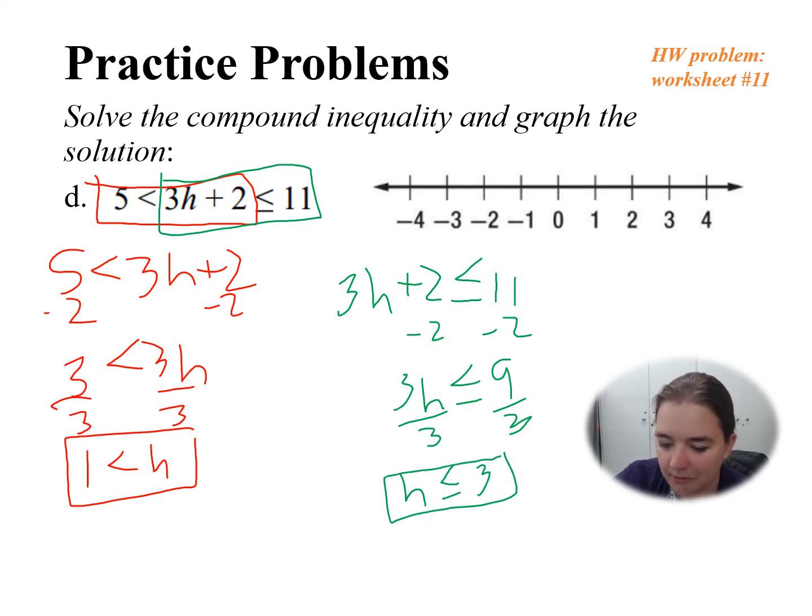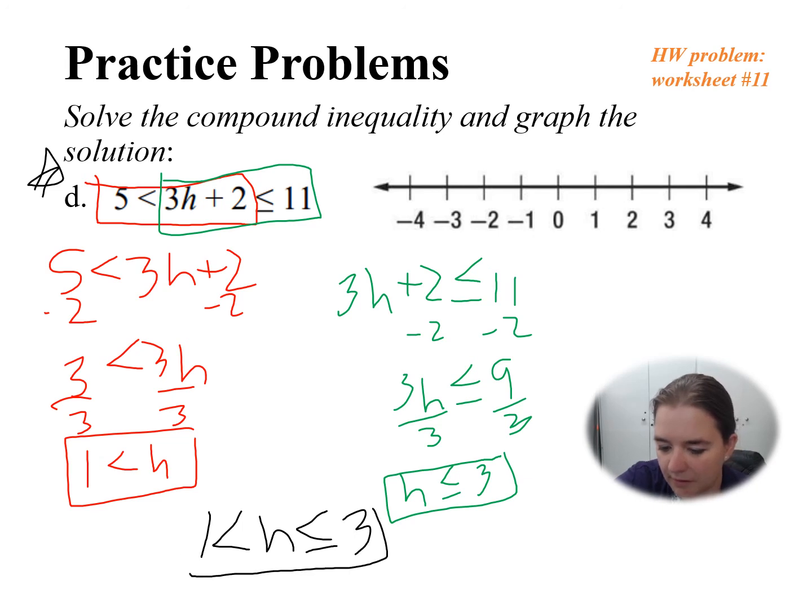So now I can graph this, but I want to recombine it back into that compound form where I see both pieces. I know that 1 is less than h, which is less than or equal to 3.